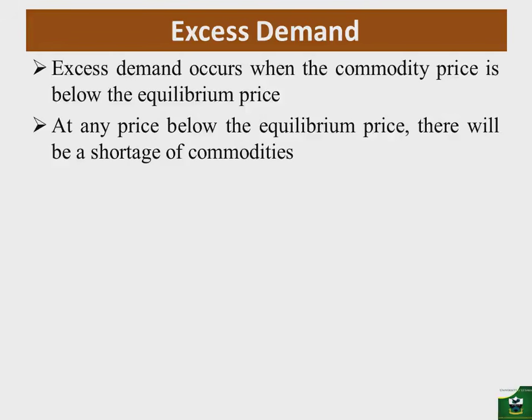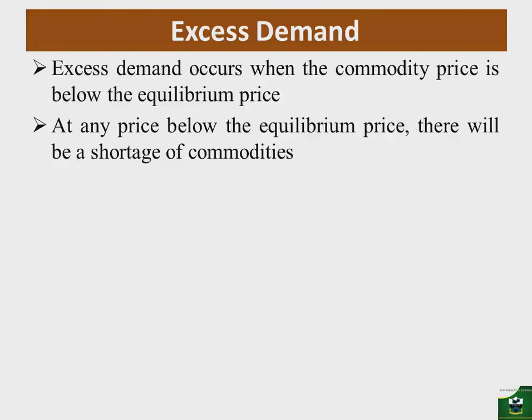This is because when price is set below the equilibrium, any price reduction according to the law of demand will increase the quantity demanded. But from the supply side, a reduction in price is a demotivation for suppliers to release products on the market, and therefore they will reduce the quantity supplied. And this is what will cause a shortage in the market for a given commodity.